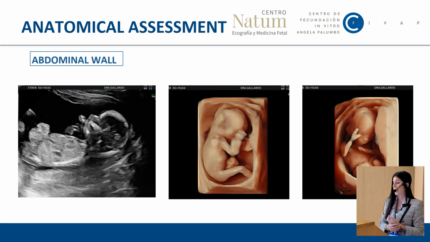We can also examine the abdominal wall. Here, this is a case of gastroschisis in 2D, and then we can also see in 3D the bowel outside the abdomen of the baby.